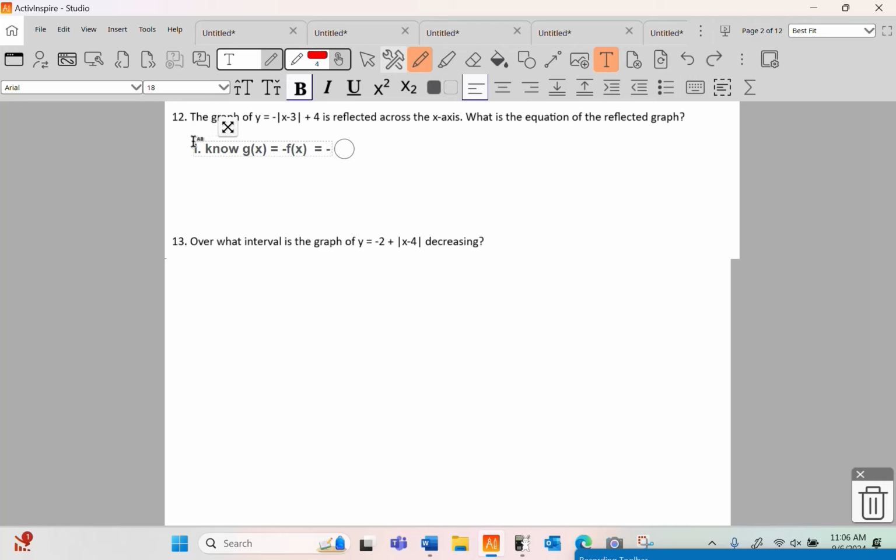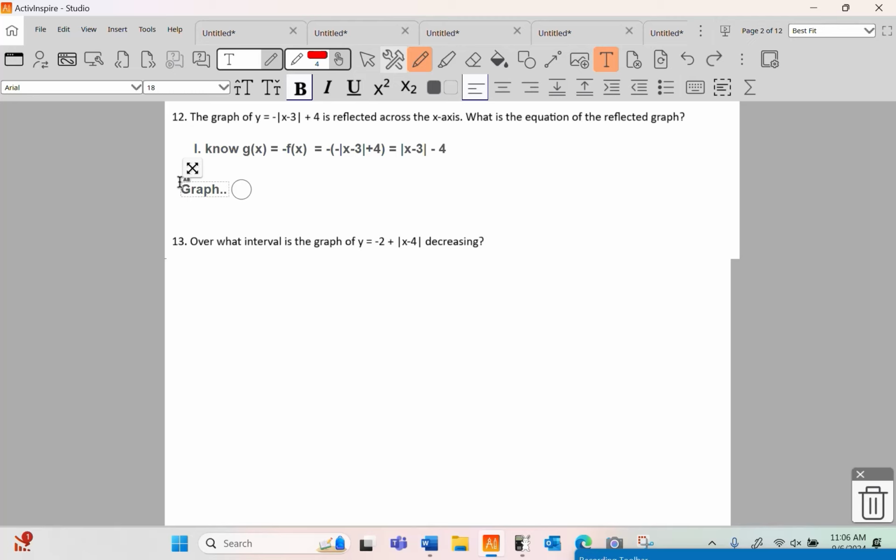So I would put a negative symbol, wrap the entire given function, and then I would distribute. A negative times a negative is now positive, and a negative times a positive is now negative. I could do that. Or I could graph.